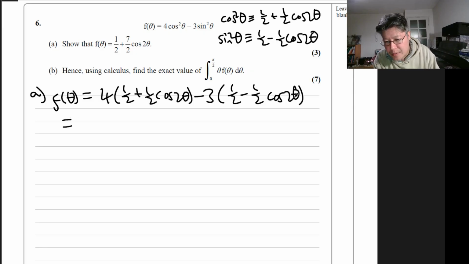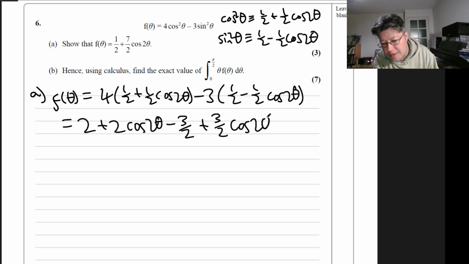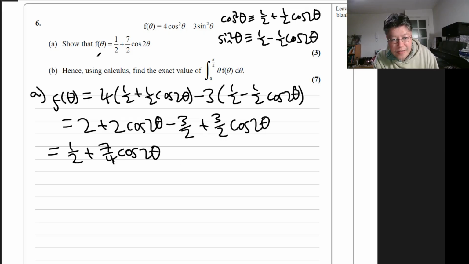And now we can expand the brackets, so we get 2 plus 2 cos 2 theta minus 3 over 2 plus 3 over 2 cos 2 theta, and then we can collect like terms. So 2 minus 3 over 2, that's a half, and 2 cos 2 theta plus 3 over 2 cos 2 theta, and that's 7 over 2 cos 2 theta. And that's part A done.